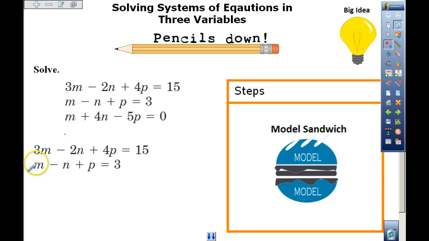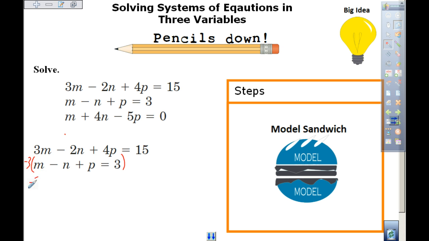I can't just add those, since none of them equals 0, so I have to multiply one of these by either negative 2 if you want to cancel out the n's, or negative 3 if you want to cancel out the m's. It doesn't matter which way you go, so let's just say negative 3.